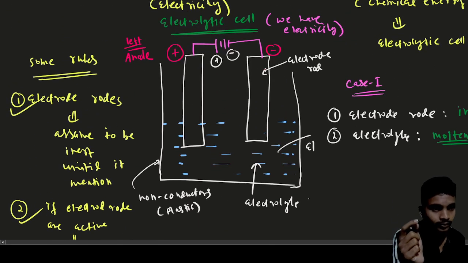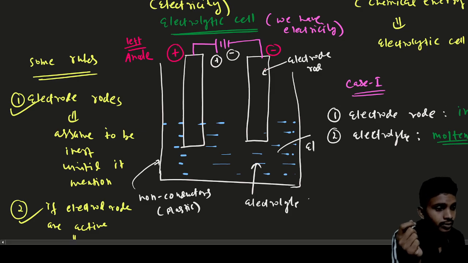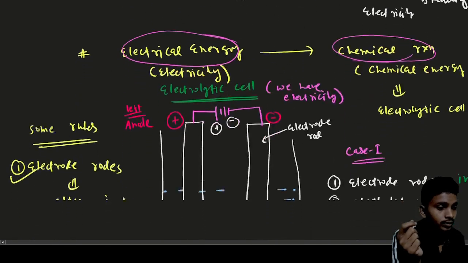So we are studying this case where the electrodes are taken as anode and cathode, and if it is not mentioned, we assume that this is the anode.